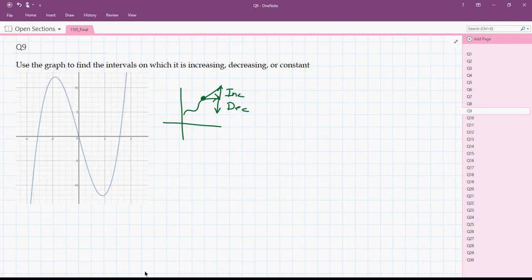So in this case, if we're looking at this graph, if we start over here and then go to the right, to get back to the graph, we have to go up. So on this part, it is increasing. Whereas in this part, if we go to the right, we have to go down to get back to the graph.